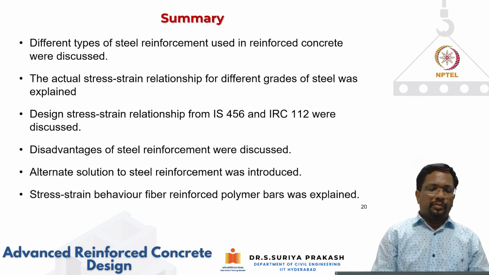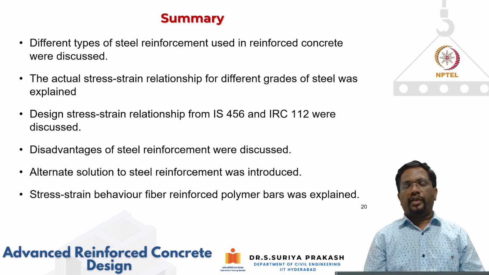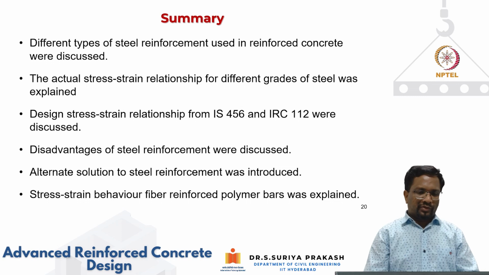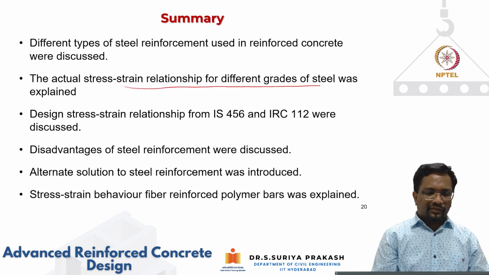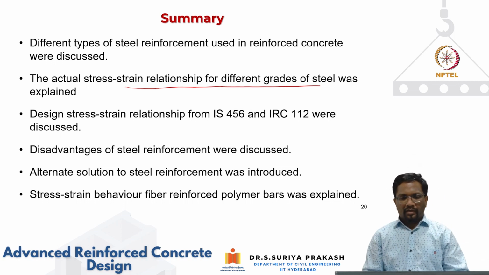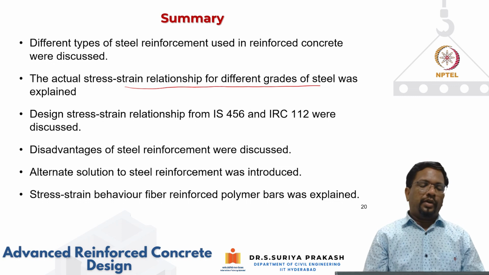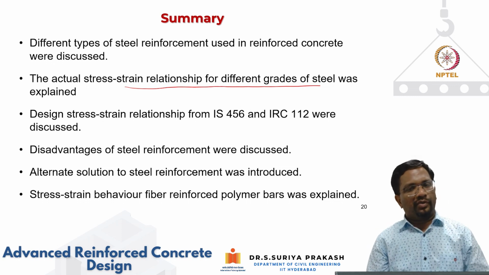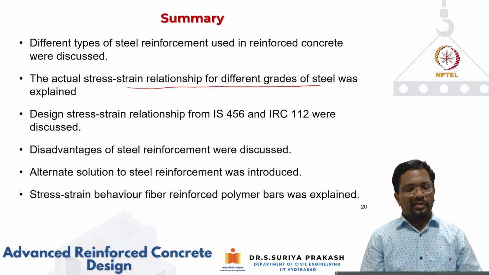So in summary, in this lecture, we talked about different types of steel reinforcement used in reinforced concrete. We also talked about the stress strain relationship for different grades of steel, and compared how the stress strain curve behavior for steel is given in IS 456 and IRC 112. We also briefly talked about the disadvantages of steel.